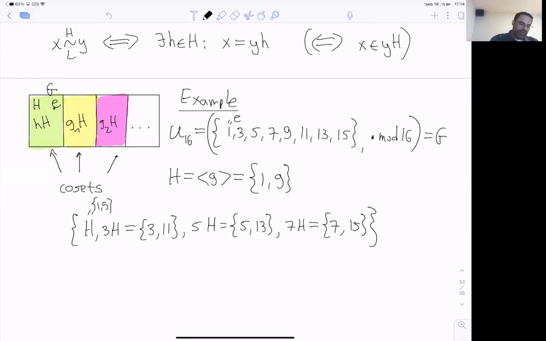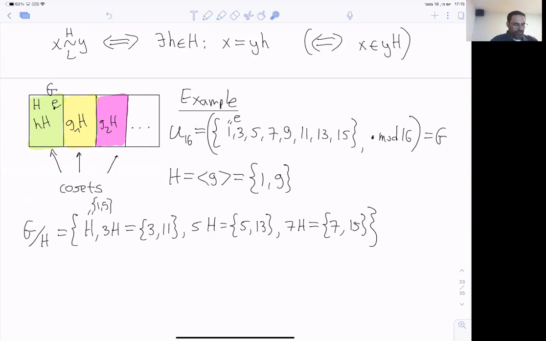We are going to denote this new set by G modulo H. Now, I'm writing G on the left of H because, even in this example, it doesn't matter because the whole group is abelian, but in general, it does matter if I multiply this little g by the left or by the right.